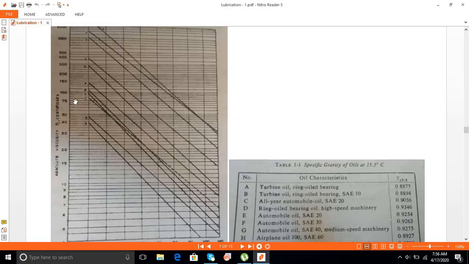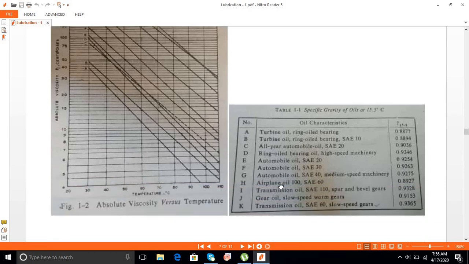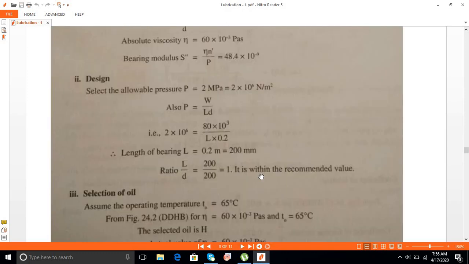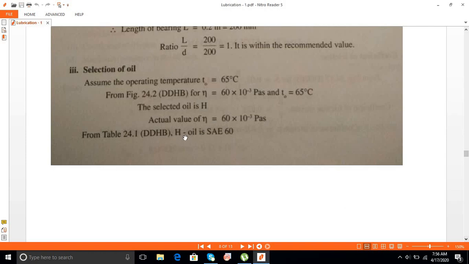So 60, and the grade of the oil is H. So H is the grade, and that H is nothing but an aeroplane oil 100 grade or SAE 60 grade. So this grade of the oil is required for this particular application, SAE 60.